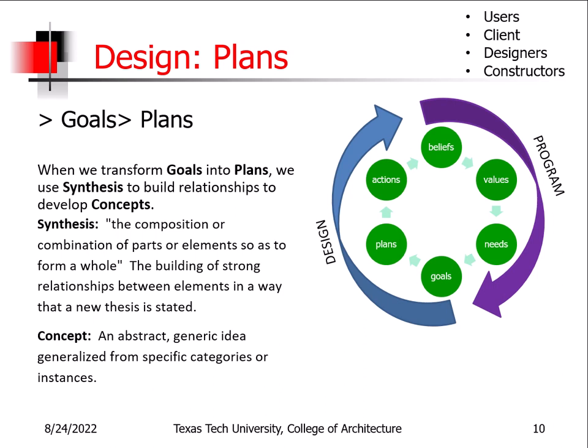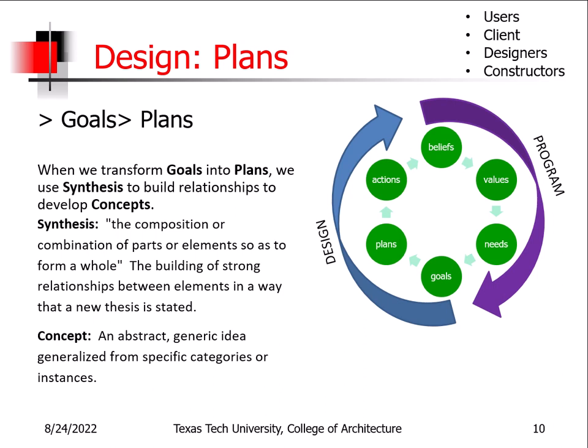The old thesis would be those elements or parts individually. The new thesis is our building. To do this process, we create what are known as concepts. And a concept is an abstract or generic idea generalized from specific categories or instances.